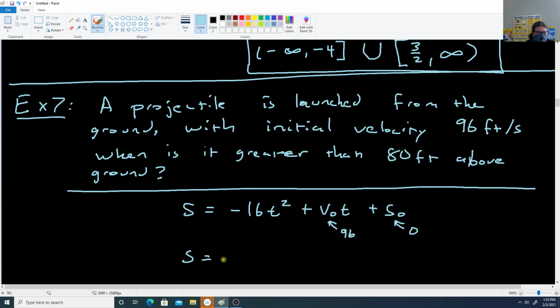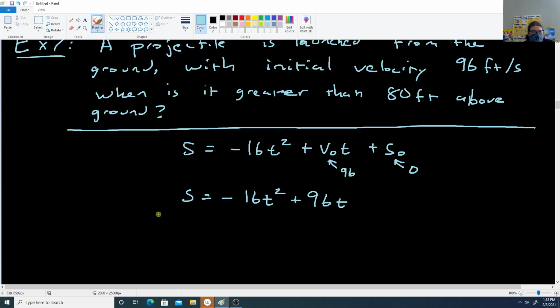So our projectile equation is this. And s naught is 0, so we don't add that. Again, v naught is the initial velocity, s naught is the initial height. If we're launching it up from the ground, the initial height is 0, and the initial velocity was 96.